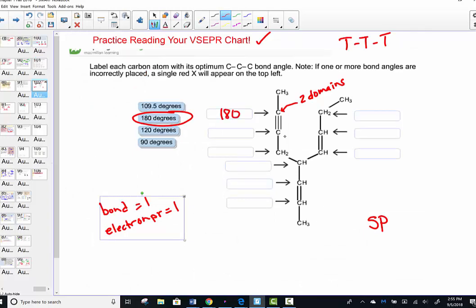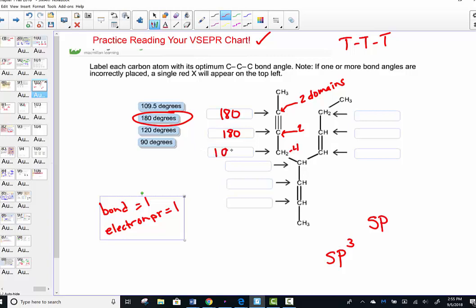This is going to be the same answer, isn't it? This carbon has exactly 2 domains. It's a linear structure, sp hybridized. Here's a carbon, 1, 2, and remember these hydrogens are actually bonded onto that carbon as well, so that's 4 domains. 4 domains is sp3 hybridized. 4 domains is tetrahedral.